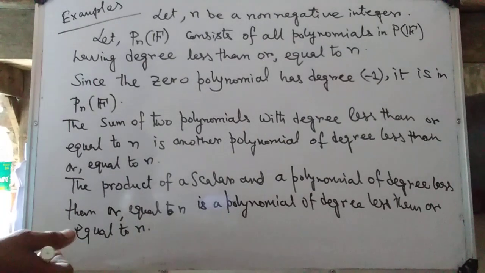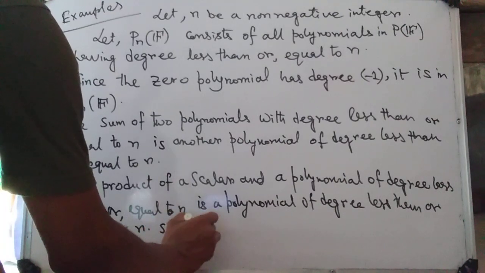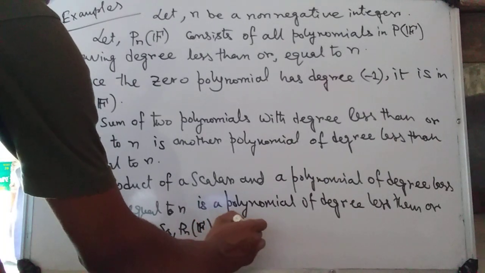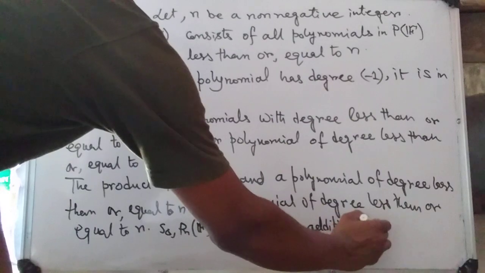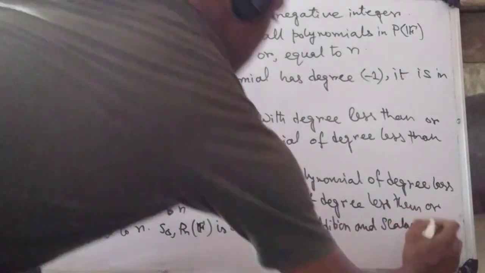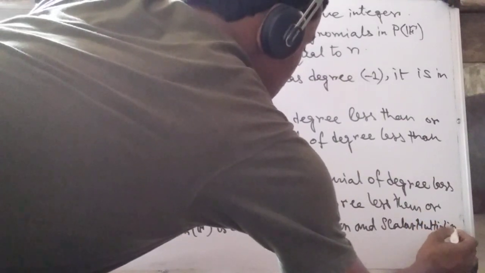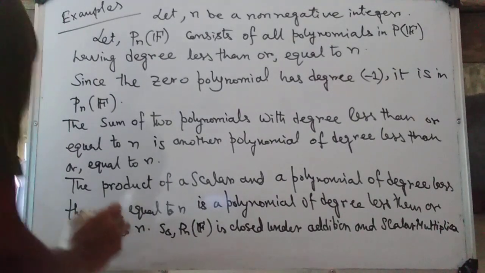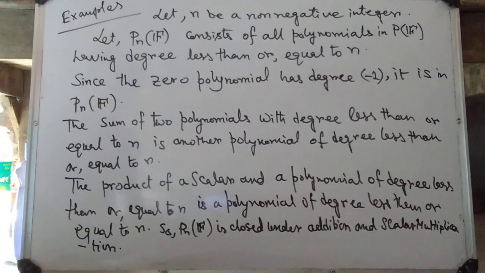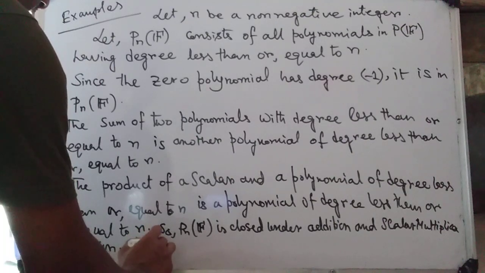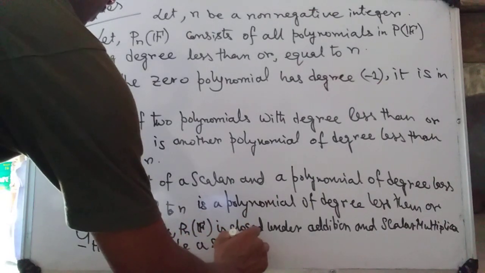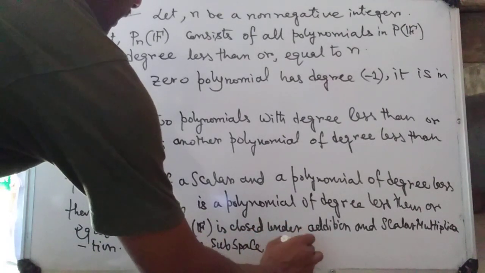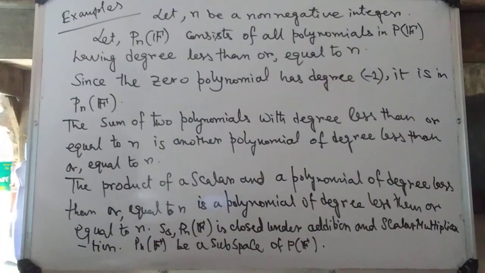Then P_n(F) is a subspace of P(F). I think all of that portion is understood, not a problem at all.